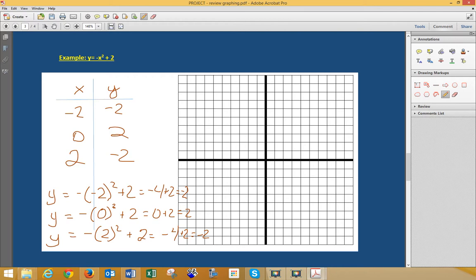Okay, and now I'm going to plot these points. So I'm going to go -1, -2, 1, 2. So my x is -2 and y is -2. So that's going to be right here. My x is 0 when my y is 2. So that's going to be right there.